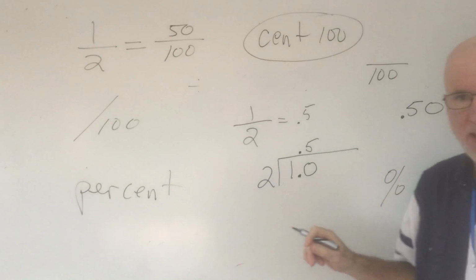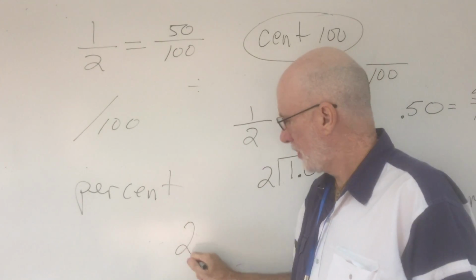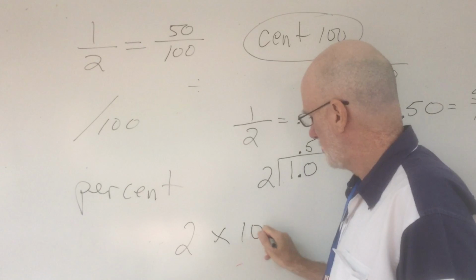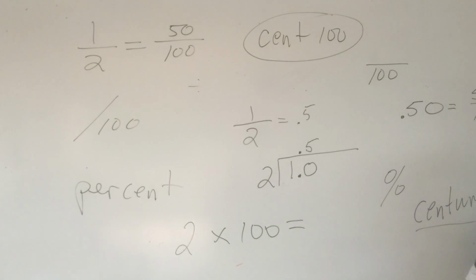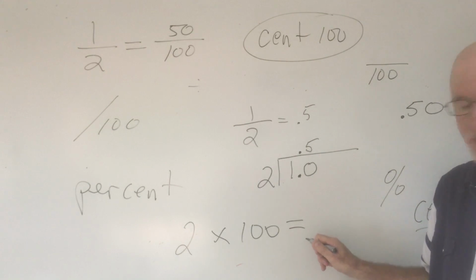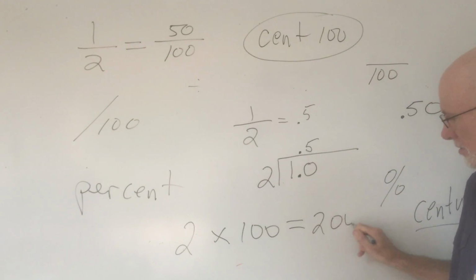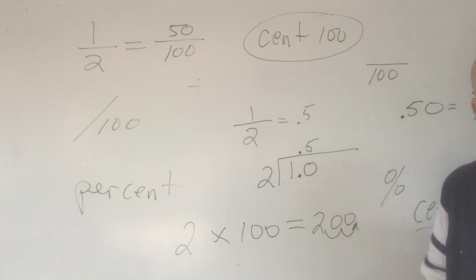What happens when I multiply by 100? What am I doing to that? Which way am I moving the decimal point? I'm moving it to the right, right? Correct? So it was right here, 1, 2, right?